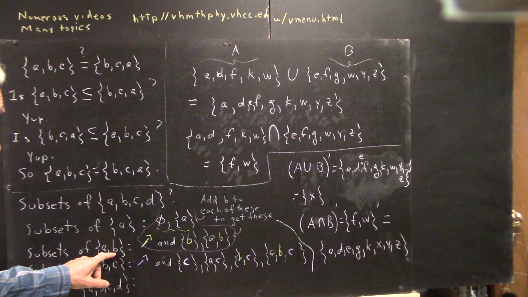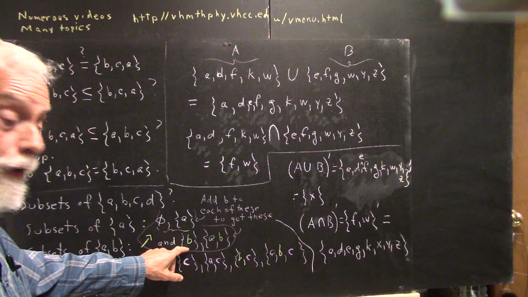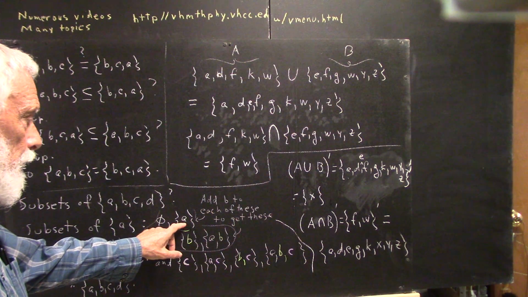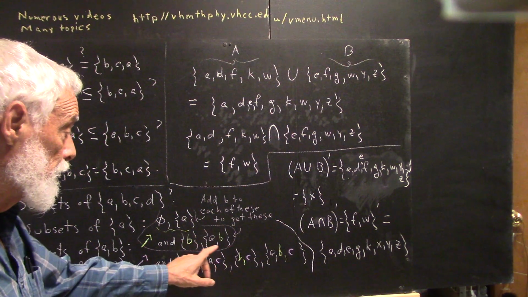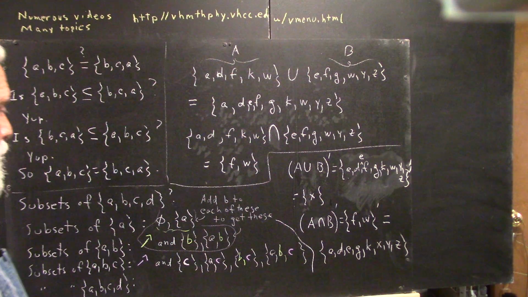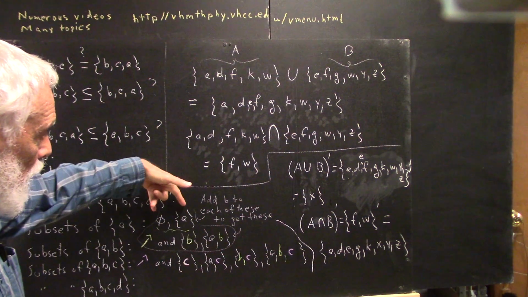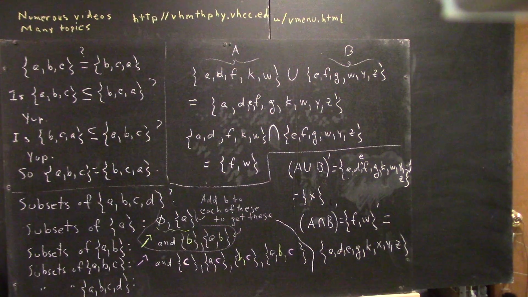If we add the element B to the empty set, we get the set consisting of the element B. If we add the element B to the set consisting of the element A, we get the subset A, B, subset with elements A and B. So we've got two new subsets. Note that since we added just as many subsets as we already had, we've doubled the number of subsets.